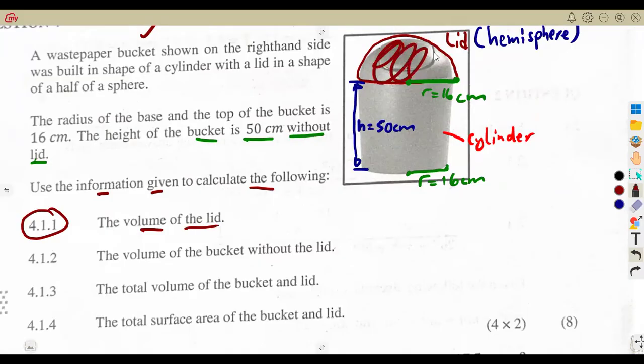The lid is the hemisphere, the top part. Take note. It is the hemisphere. Remember we are given these volumes, so let me just take you guys to your formula sheet.